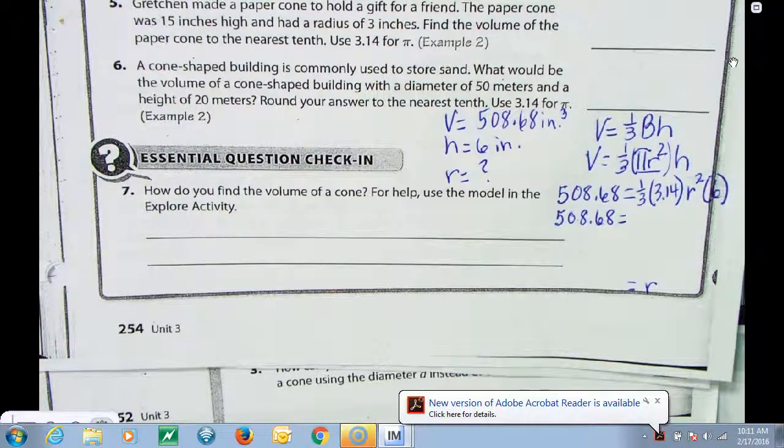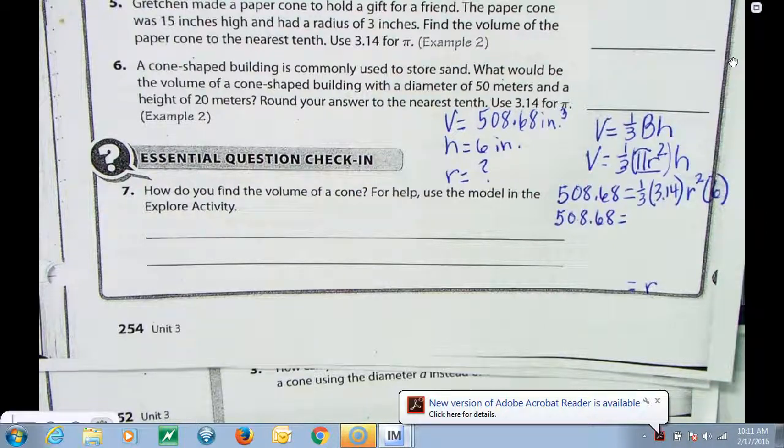Every class has said subtract. What are you going to subtract? You only subtract something that's added. So we can't subtract. I only see multiplication. So I'm not going to be doing any subtracting or adding.